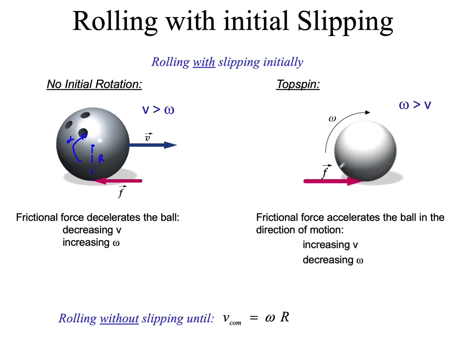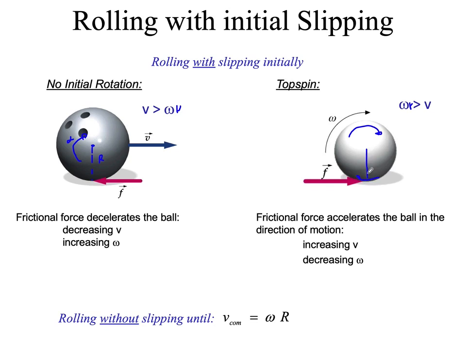You can also, like you saw in the video here, get it where omega is much larger. Actually, I should write a little note here. This is bigger than that. It's omega R bigger than v. You can give it a top spin, so it's actually spinning faster than it's moving forward. In that case, this bottom part's sliding against the floor this way. Friction acts against the slide or potential slide. In this case, friction's acting forward. What's that doing?